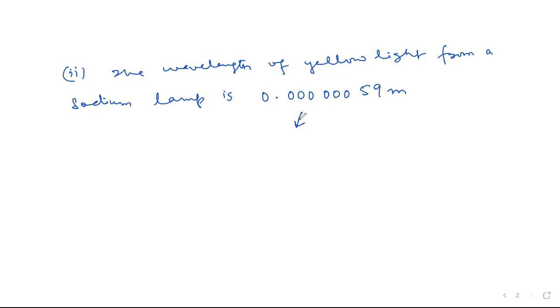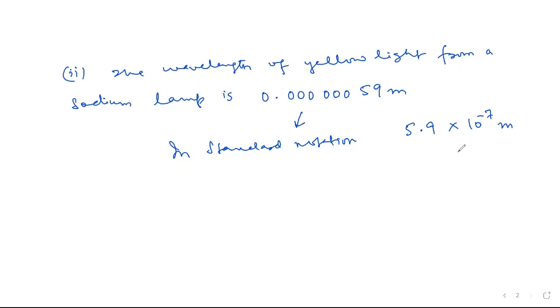So when we write this in scientific notation, it is 5.9 into 10 raised to power minus 7 meter. Starting from 0.0000059 meter, I move the decimal point through 7 places. So it becomes 5.9 into 10 raised to power minus 7 meter.